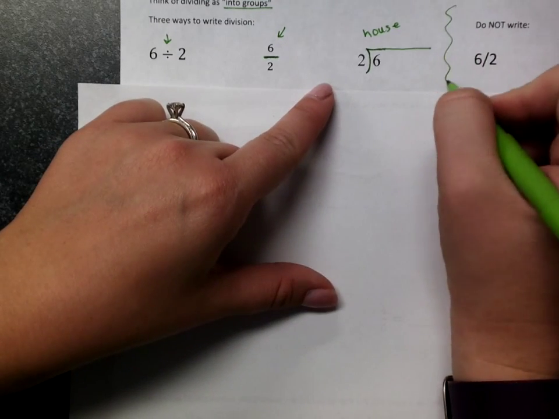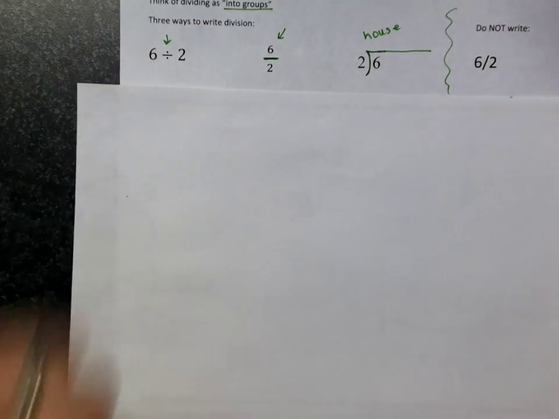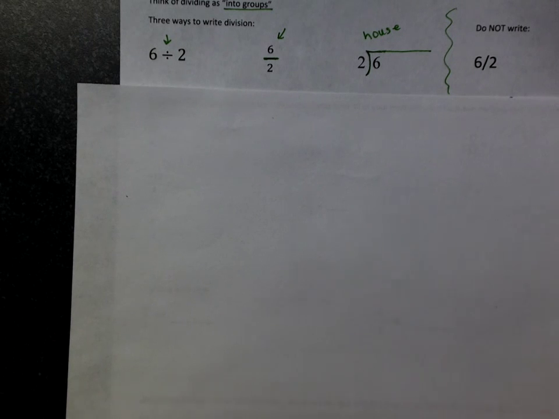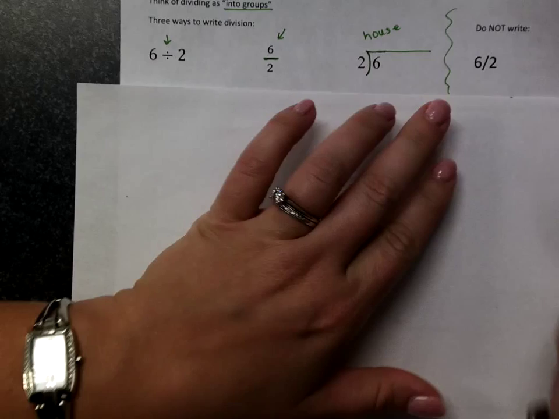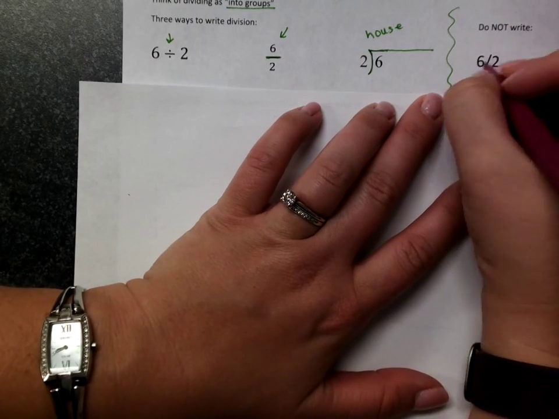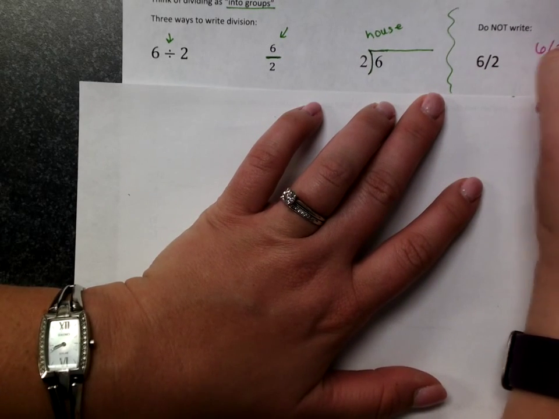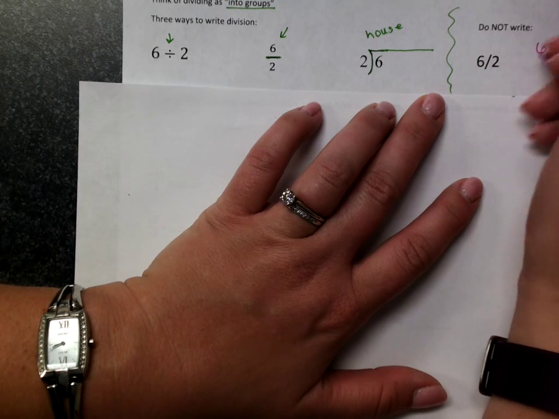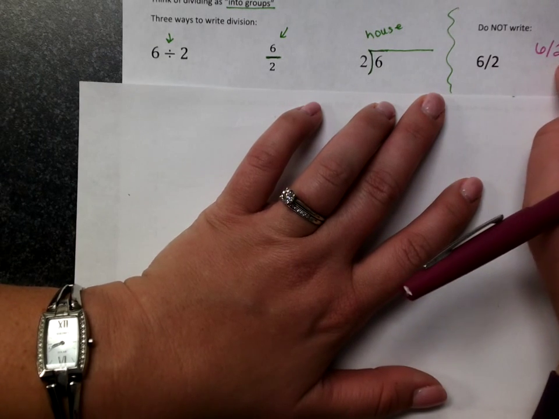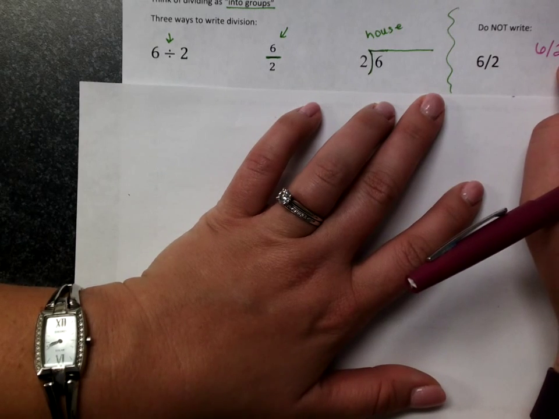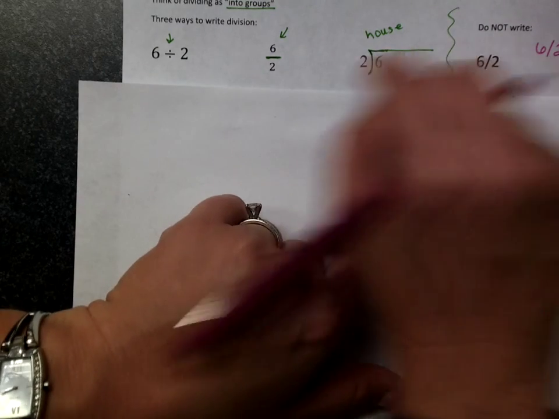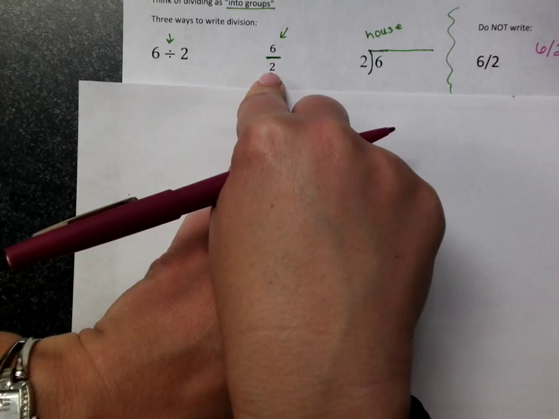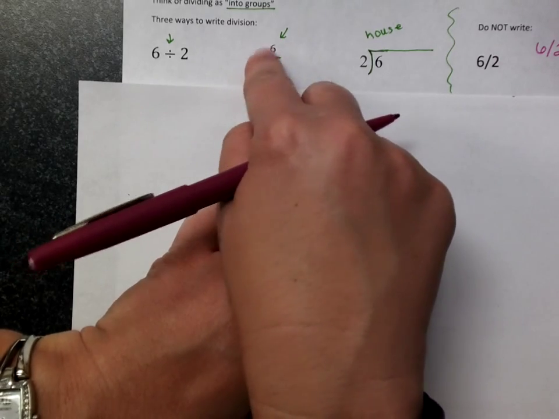One thing I want to point out, and this is a bad habit we get into because we have lined paper, and I used to do this. When you have lined paper, it's very tempting to write your division sideways like that. The problem is, if you're reading back over that, that might look like 612, and you're not quite sure what you were writing. So it's very important to just write a little bit smaller and stack your division bar.